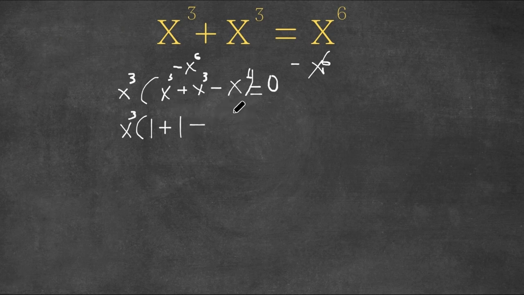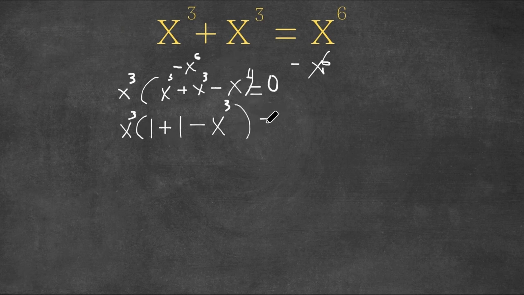minus x to the power of 6 divided by x to the power of 3, that's going to be x to the power of 3, because x to the power of 6 divided by x to the power of 3 is x to the power of 6 minus 3. Remember, we're using the quotient rule of division of exponents, and we subtract exponents.